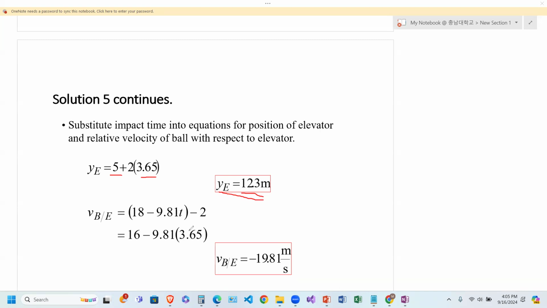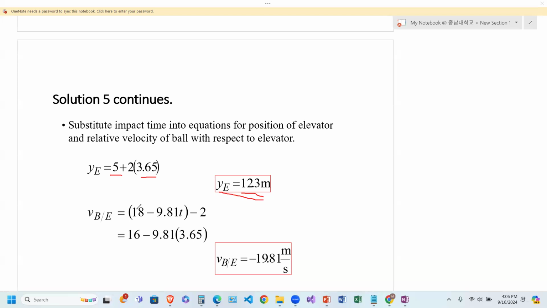Remember, we need to get our velocity, which is the velocity of the ball relative to the elevator. It will be given by 18 minus 2. So it is the velocity by which the ball is moving minus the velocity of the elevator.